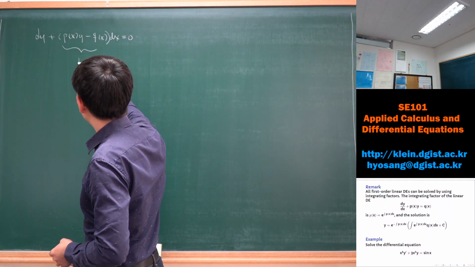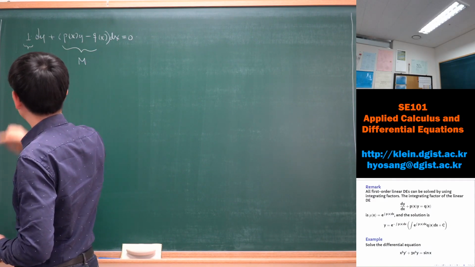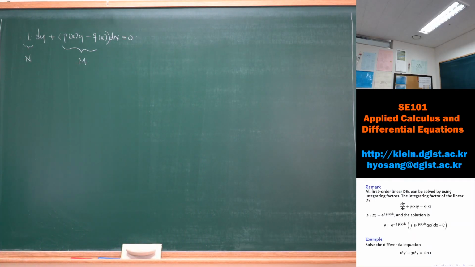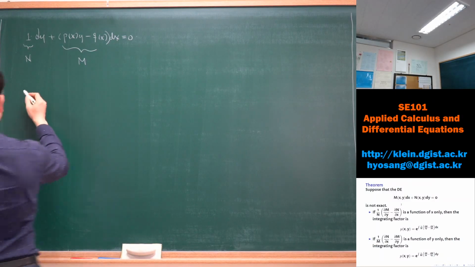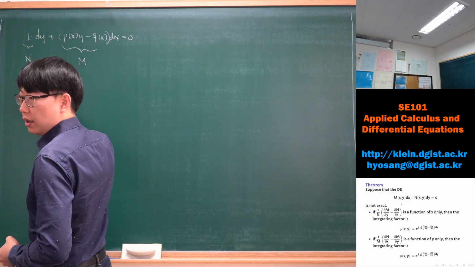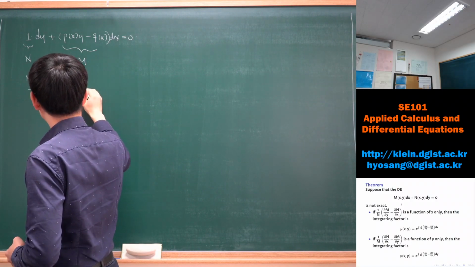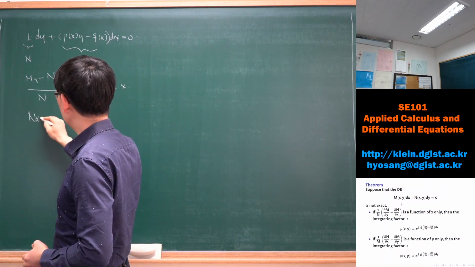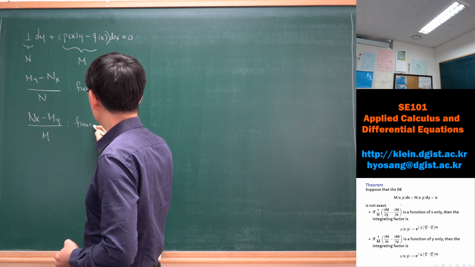This term will be M, and there's a 1 here, so this is N. So we want to check, if you go back to the previous slide, what we want to check is the following. Either (My minus Nx) over N is a function of x, or (Nx minus My) over M is a function of y.